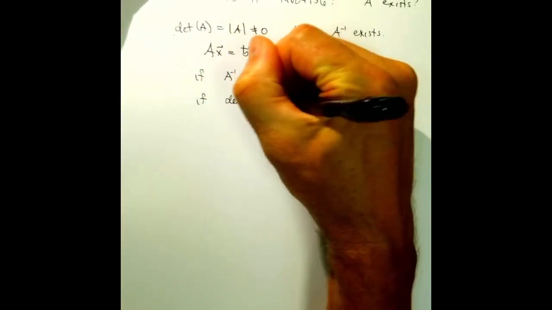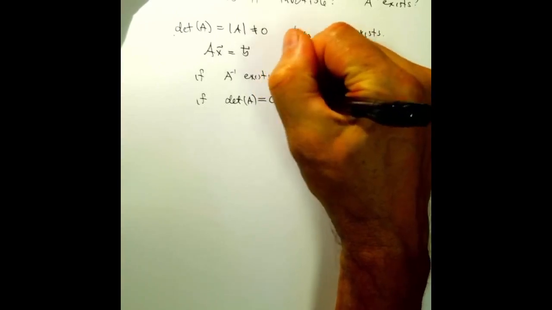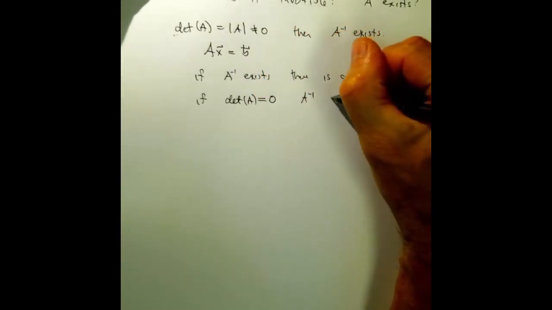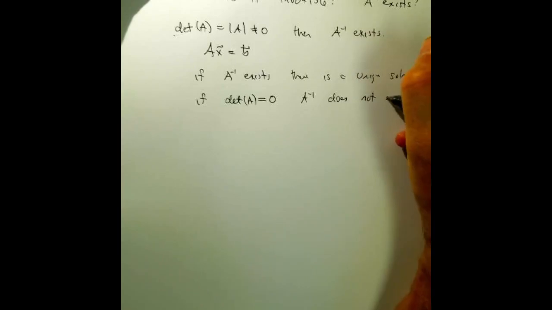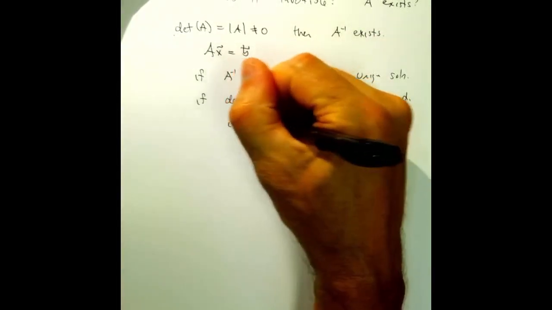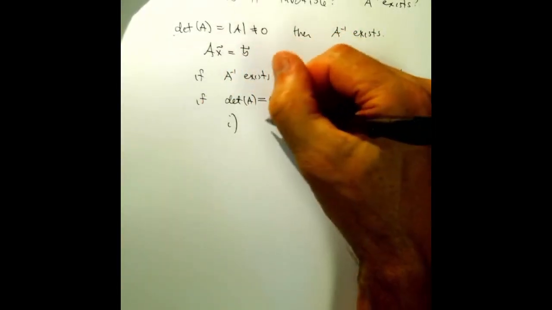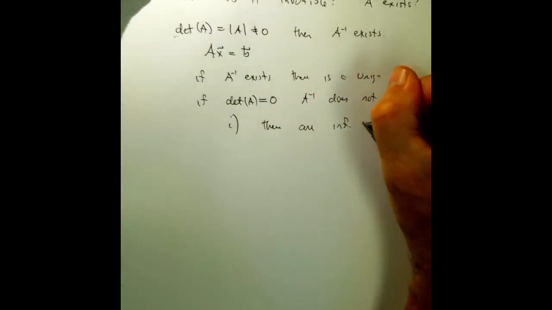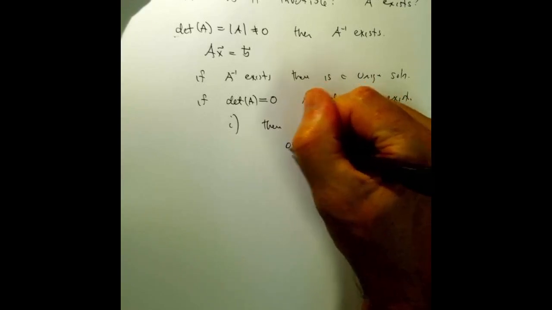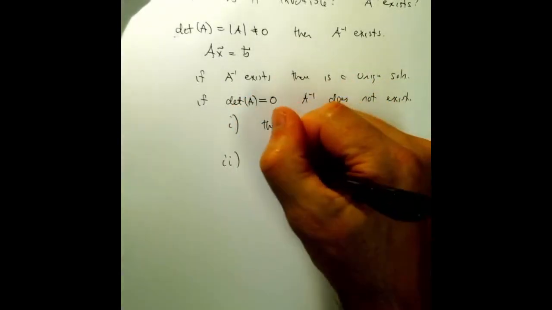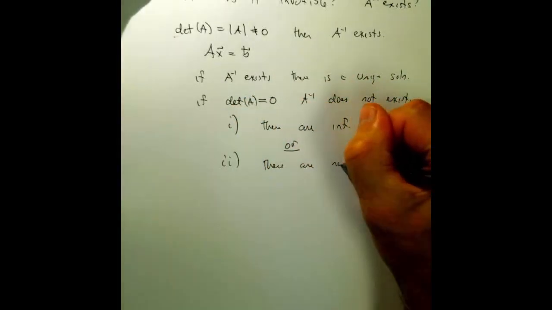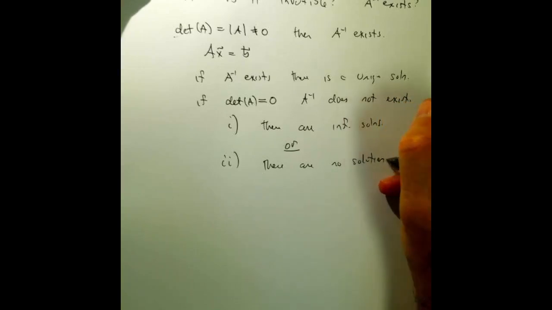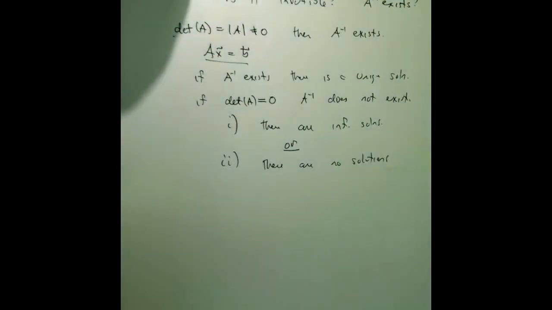And if the determinant of A is 0, A inverse does not exist. And two things could be true. Either there are infinite solutions, or there are no solutions. And this is all referring to this system of equations AX equals B.